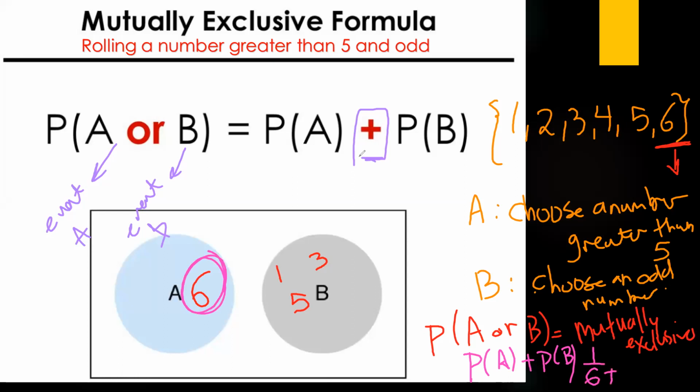Plus, how many numbers are odd? 3/6. So the answer will be 4/6. Here, you cannot say that this number is greater than 5 and odd. This is mutually exclusive, which means that there's no common outcome.